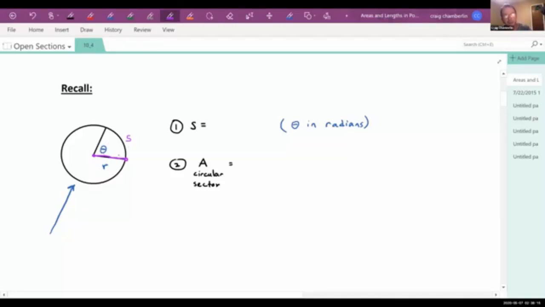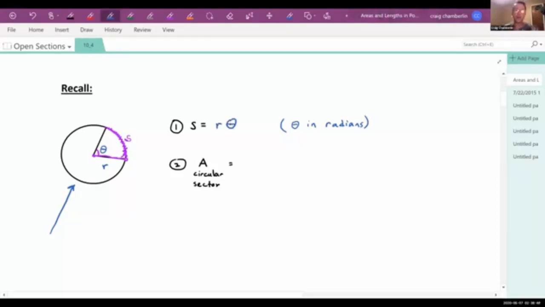And then if you're carving out a piece of pie, a circular sector, then theta would be the angle, the smaller angle at the tip of the pie. So theta is this angle right here. And then the crust of the pie, we usually call S. So that's an S right there, not a 5, but an S. The crust of the pie has length S. And you may remember from pre-calculus that S is equal to r times theta.